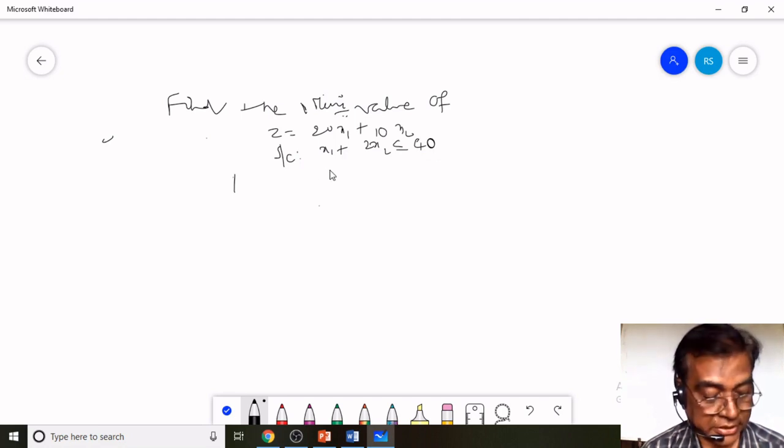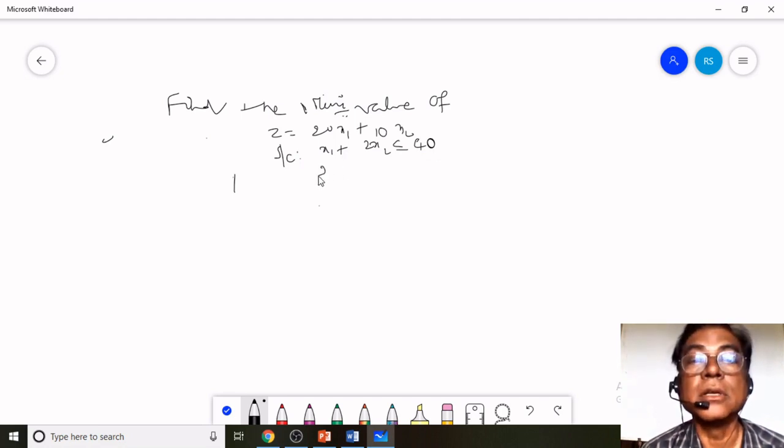Another constraint equation: 3x1 plus x2 greater than or equal to 30.